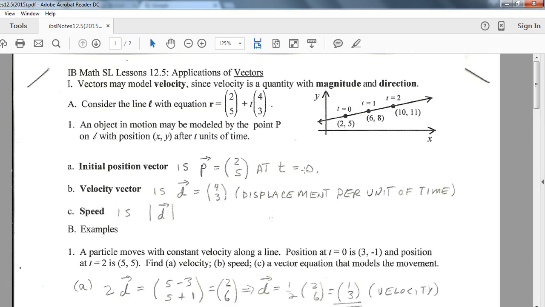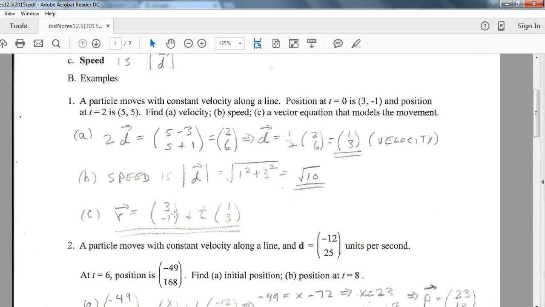That's the initial position, or the position vector. The velocity vector is the same thing as the directional vector. When they refer to velocity, they're always referring to the directional vector within the equation of the line, and that is per unit of time. Anytime they refer to speed or length or distance, those are always the magnitude of your velocity vector, and that's where we'll come up with the numbers for that.